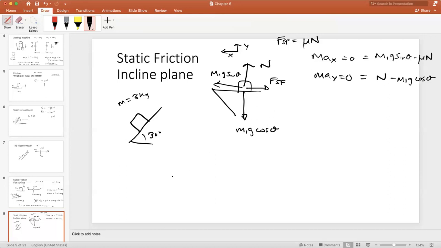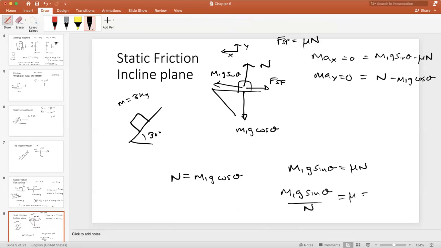Okay, so I know that N is M1G cos theta, and I know that M1G sine theta is equal to mu N. Move mu N over. So N is that, and so I get M1G sine theta is equal to mu times M1G cos theta.